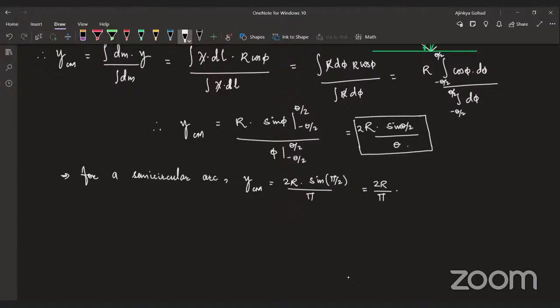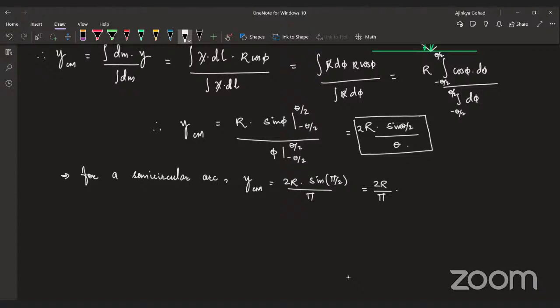So you can remember it for a circular arc subtending angle theta, that is better.